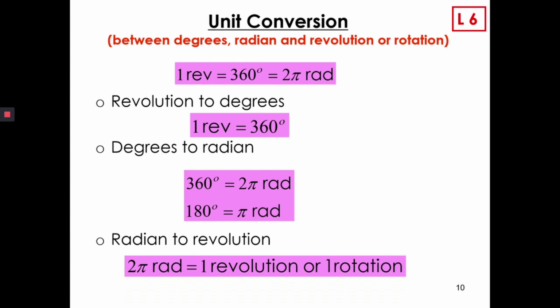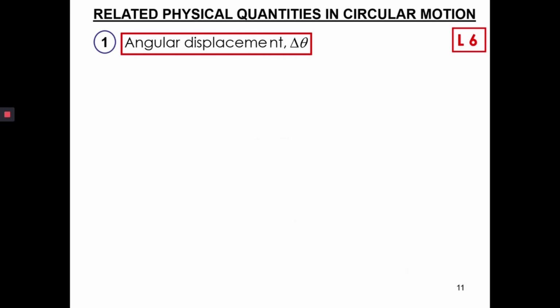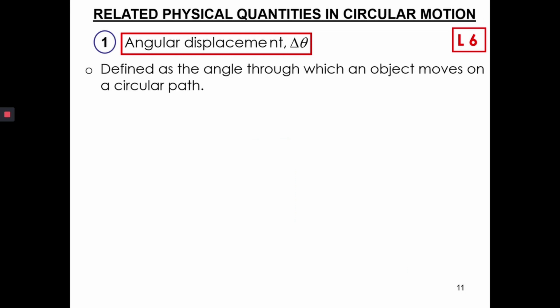To convert radian to revolutions, 2 pi radian equals 1 revolution, or we call it 1 rotation.